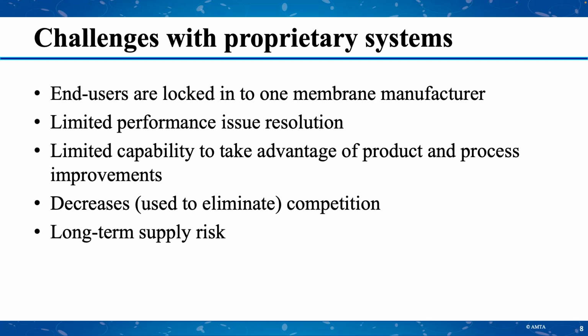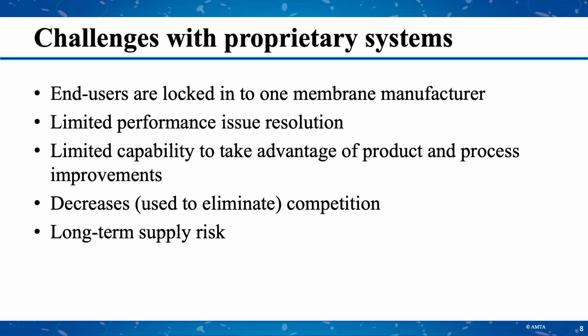Also, if you can only use one type of product from one manufacturer, then that essentially eliminates competition. I've noted that it decreases competition. Like I said, there are now some options for replacements even on these systems, but there were not before.